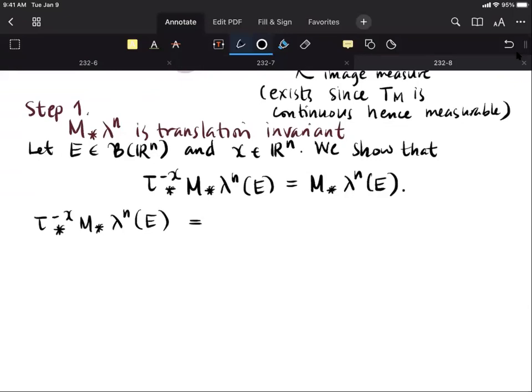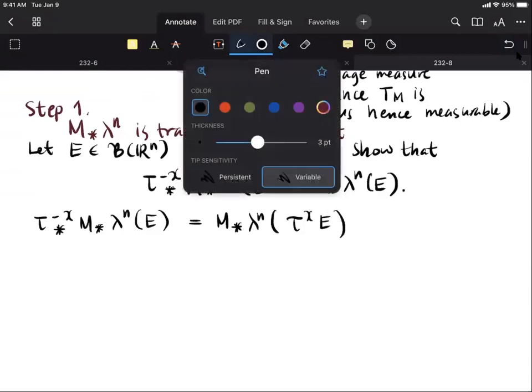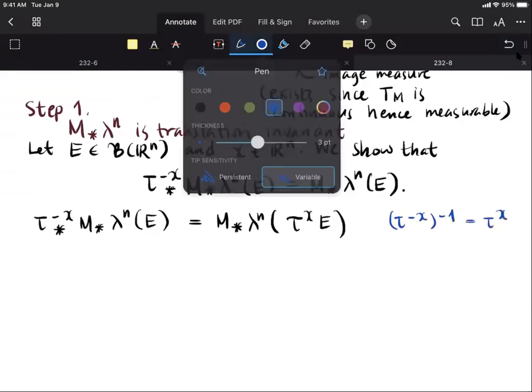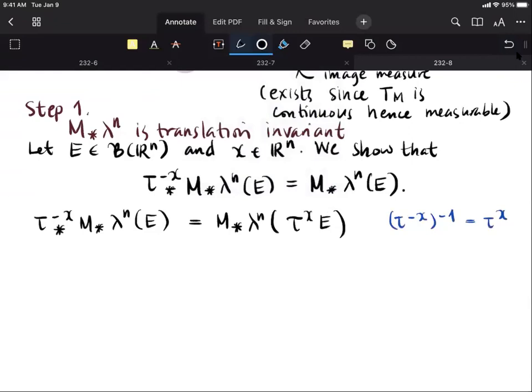Applying the definition of the image measure, this is M inverse lambda n tau of x of E. Okay, take note that tau inverse x inverse is the same as tau of x, where tau raised to x is the translation operator by x.